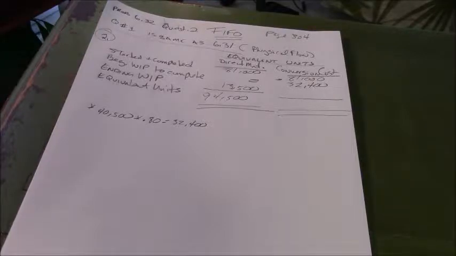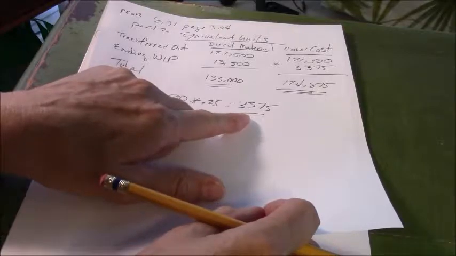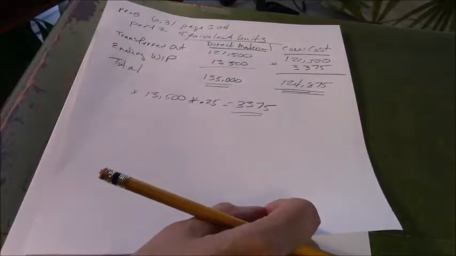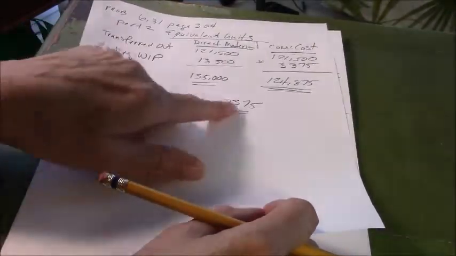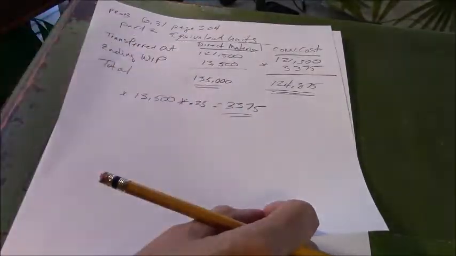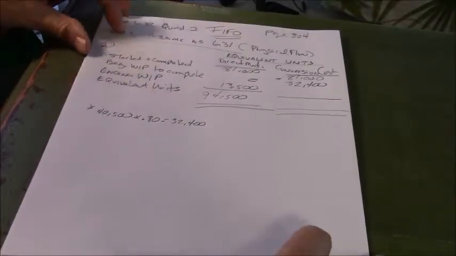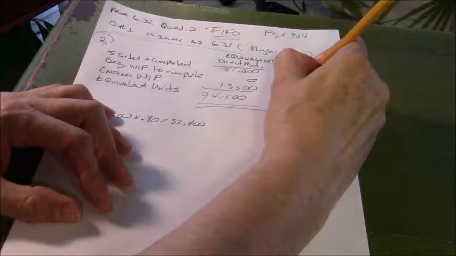And we already figured out the ending work in process, right? Remember, it was 25% complete, so 13,500 times 25% equaled 3,375. So that number is the same as when we calculated it last time.